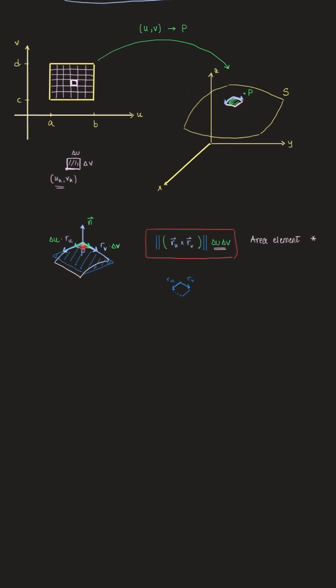Now, remember our goal was a scalar surface integral. So let f of x, y, z be our mass density function. In this case, let's suppose that it gives us mass per unit area, and I want the total mass of a surface.